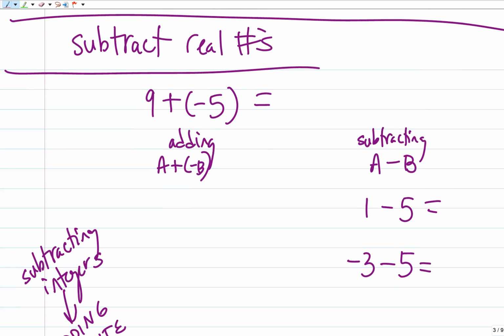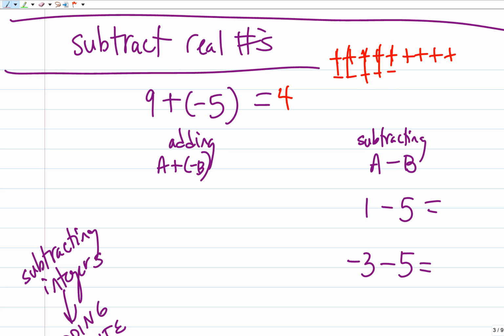We know that 9 plus negative 5 is what? 4? 9 positives, 5 negatives, and when they cancel, I'm left with 4 more positives, right?